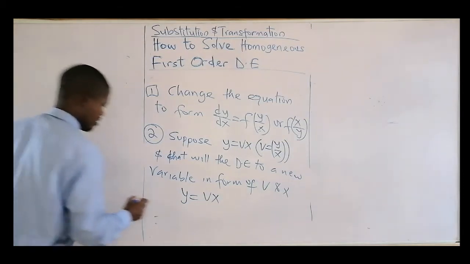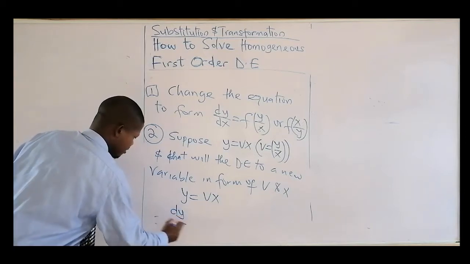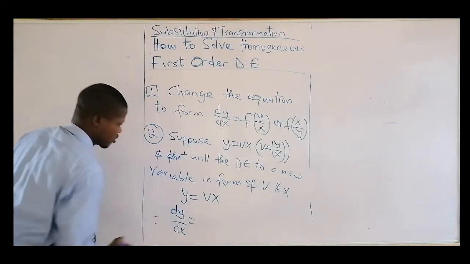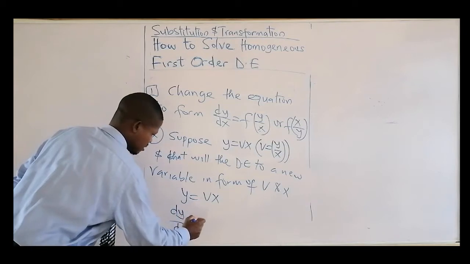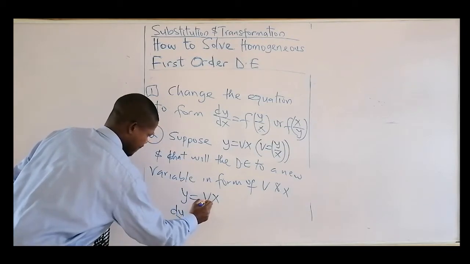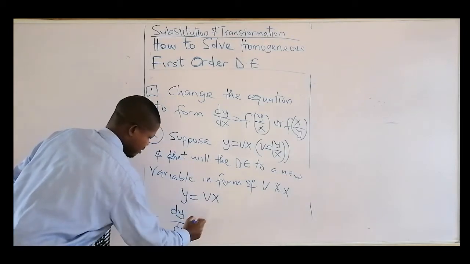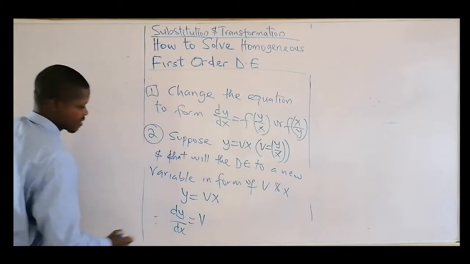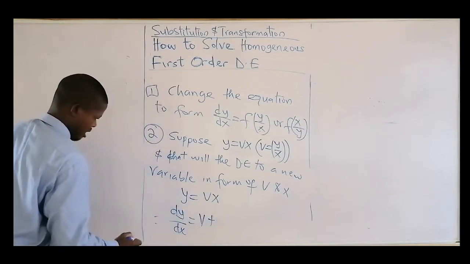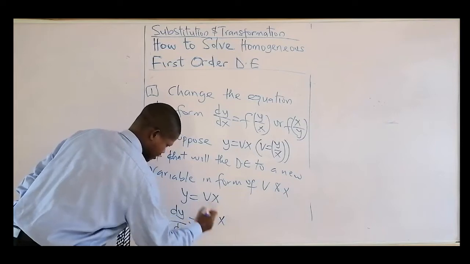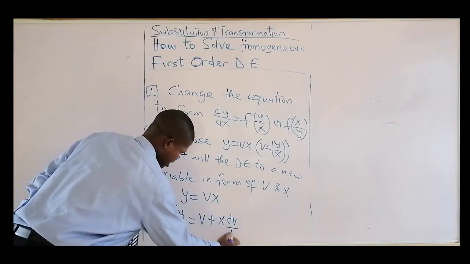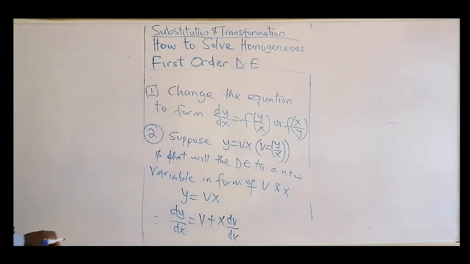Then dy/dx will be equal to, if you keep this constant and you differentiate this, you have v. Then plus, take x as constant and differentiate v, that will be x dv/dx.